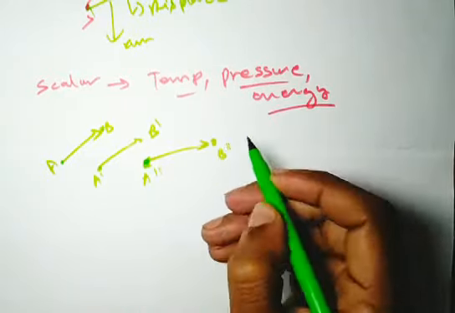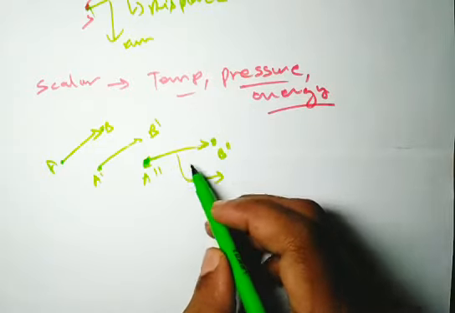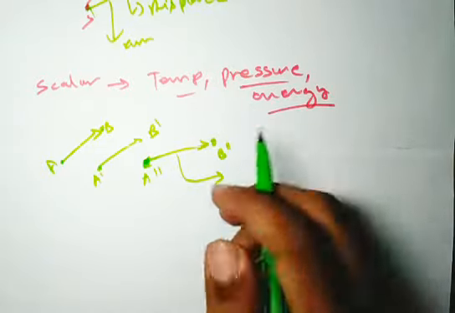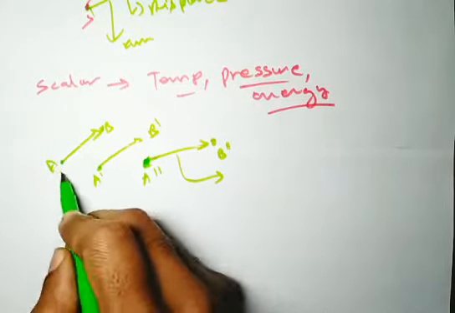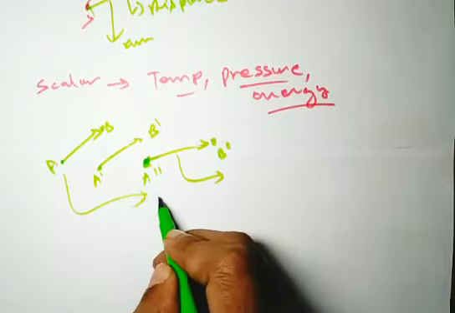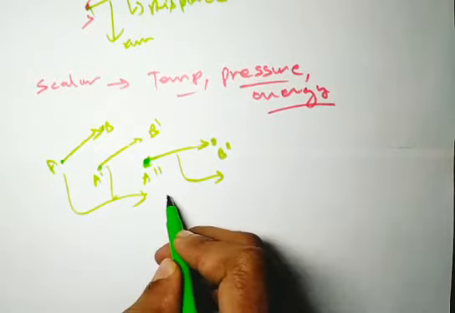Then the magnitude of all three vectors is the same, so we can say these are magnitude and direction. The A double dash and B double dash doesn't have the same direction, but A and B and A dash and B dash have the same direction, so we can say that it is an identical vector.